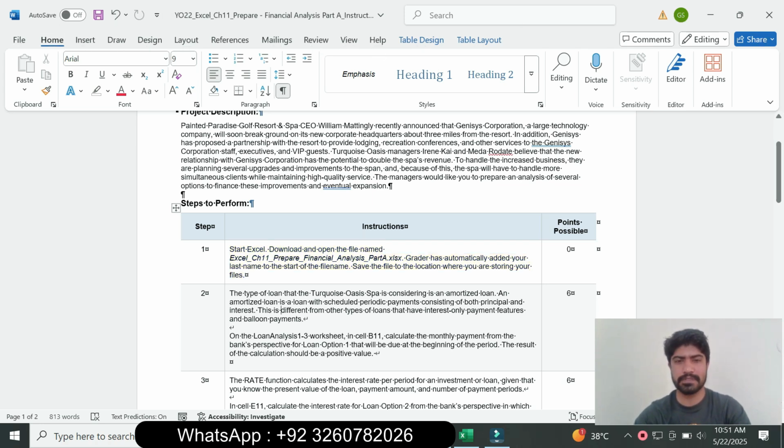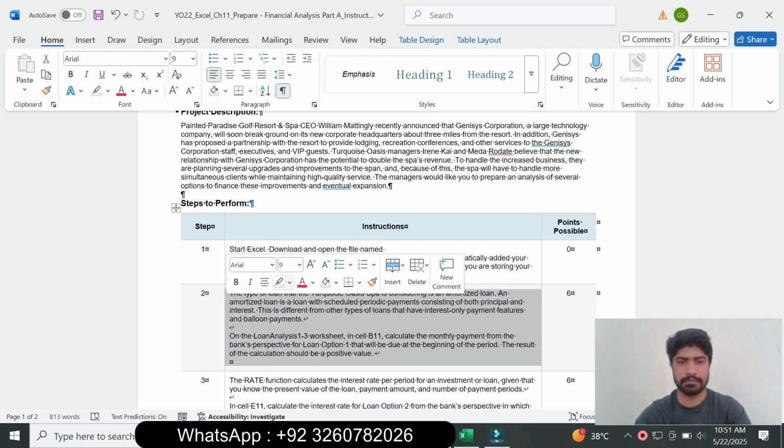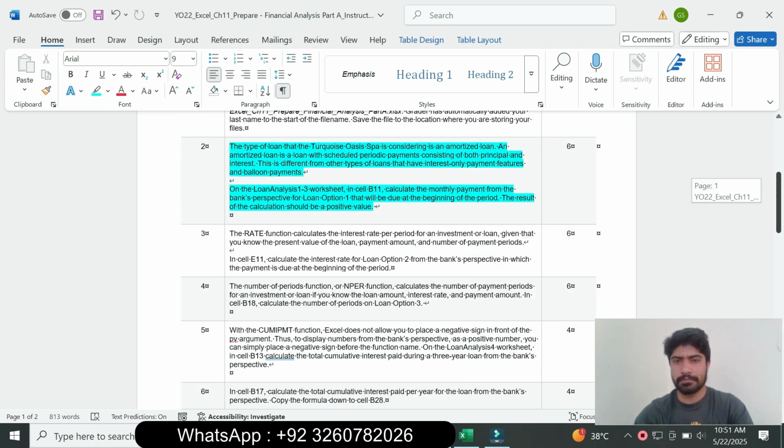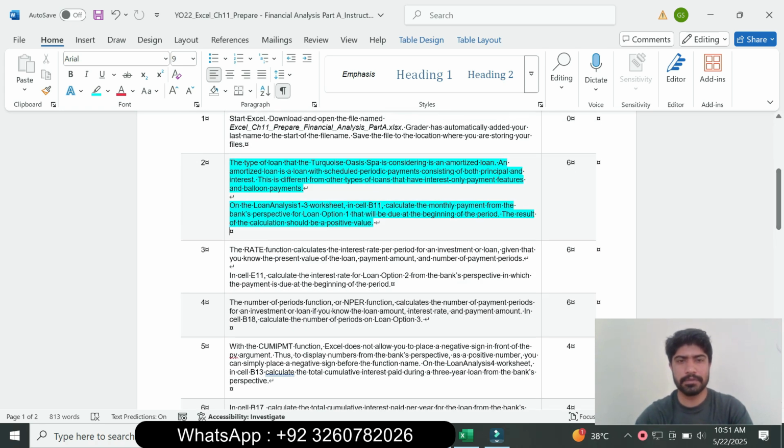So question number 2 is: on the Loan Analysis 1 to 3 worksheet, in cell B11, calculate the monthly payment from the bank perspective for loan option 1 that is due at the beginning of the periods. The result of the calculation should be a positive value.